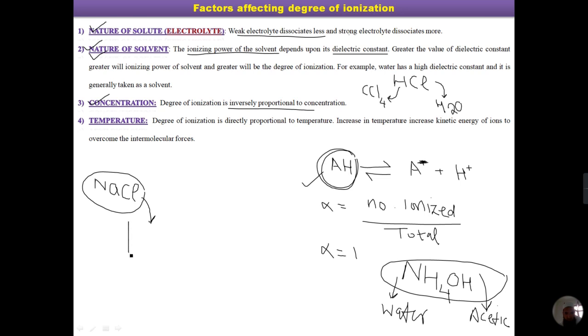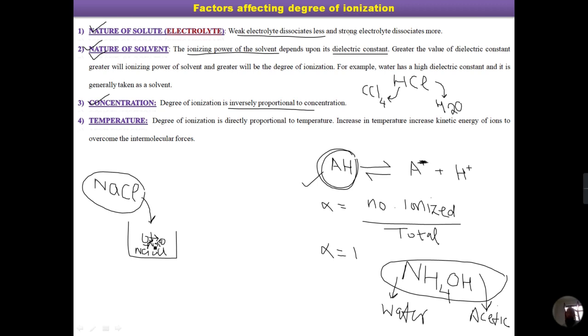Remember, this high concentration means the ions will be produced, and since the concentration is very high, they will be very close to each other because there will be a lot of ions. So the result is there will always be collision between the molecules because the concentration is very high.